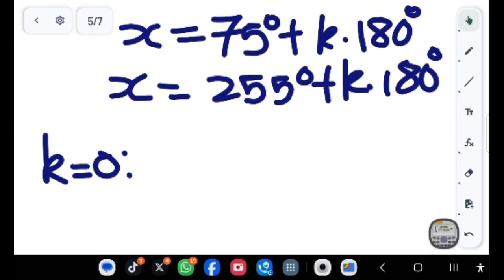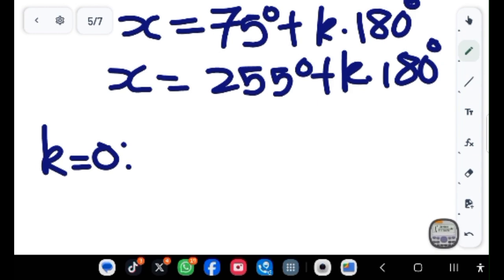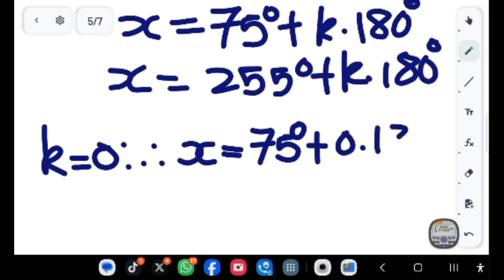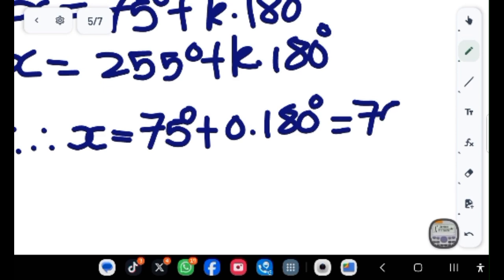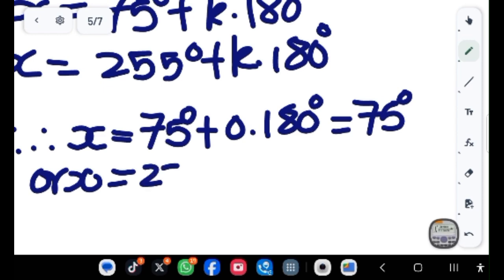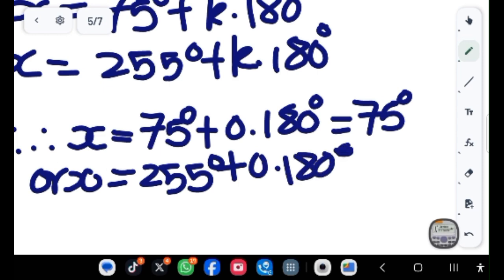When k equals 0, our x will be 75 degrees plus 0 times 180, which is 75, or x will be 255 plus 0 times 180, which is 255.